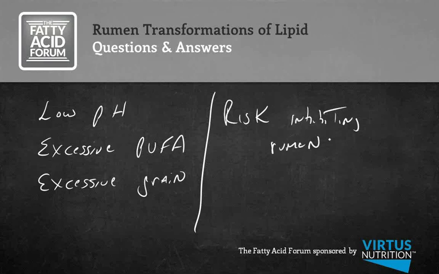All right. So feeding more just for the sake of getting more essential fatty acids may be counterproductive if you're feeding so much as to inhibit cellulose digestion in the rumen or limit intake on the animal or adversely affect milk components.